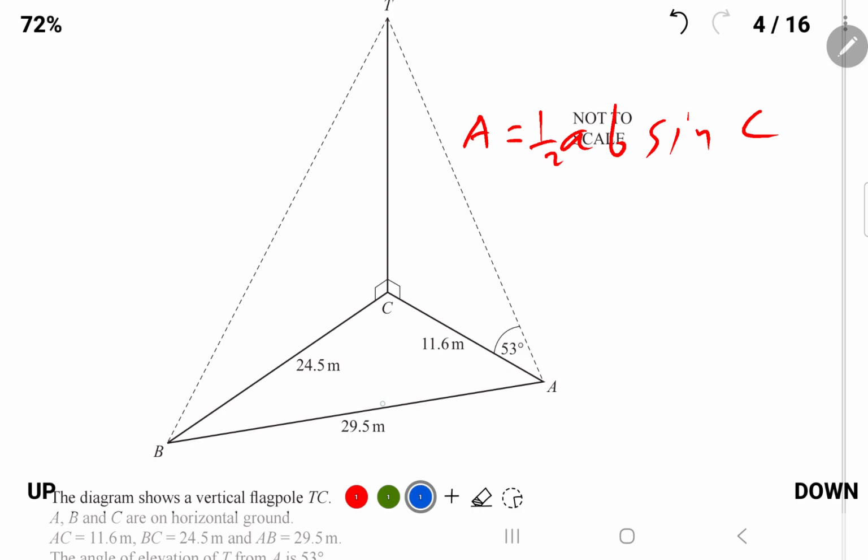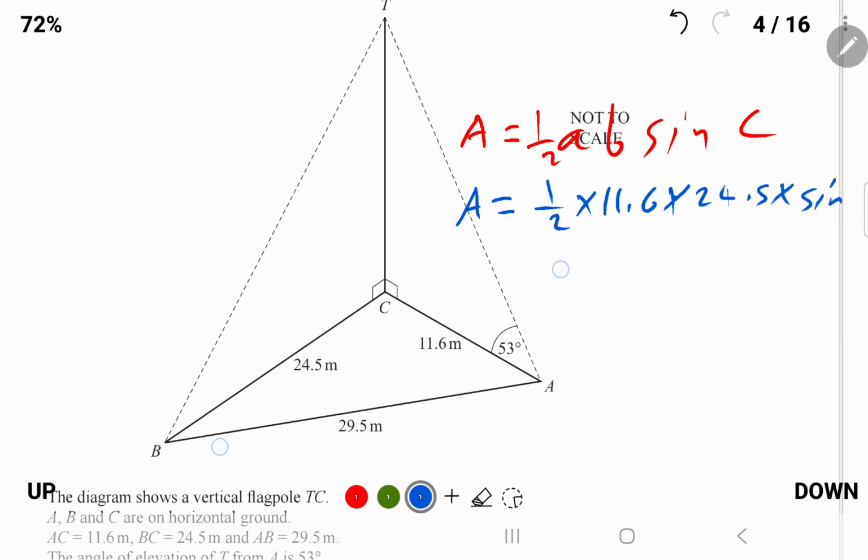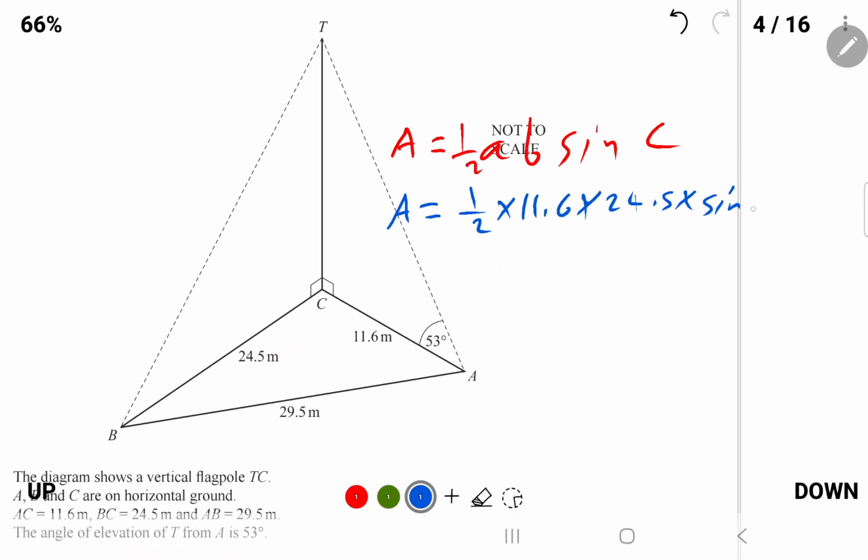So if you want to find the area of this triangle, you can say area is equal to half times 11.6 times 24.5 times sine the angle that we found in the previous question, 104. And then typing this on the calculator, you can find the area. So the area is 138.